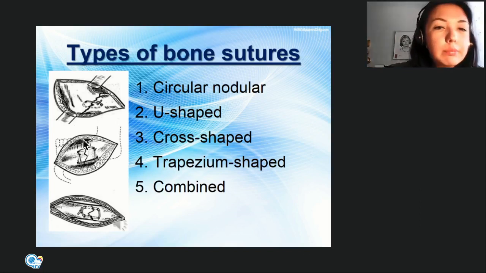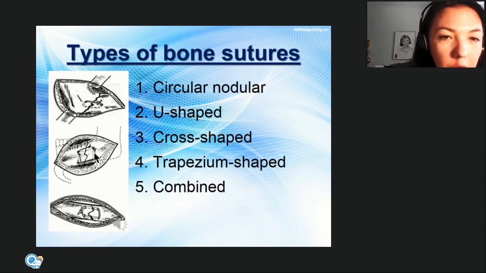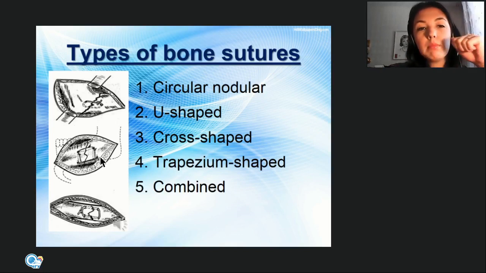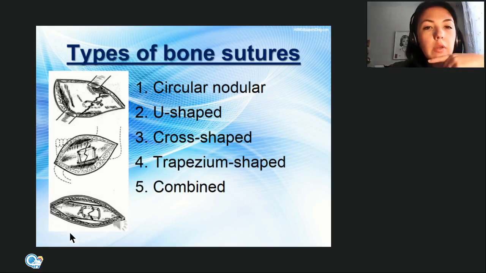Well, it's small, but here we can see superiorly it is circular suture, and then inferiorly there is a special, I think, metallic stapler. Yes, a metallic stapler was used. This is combined suture.